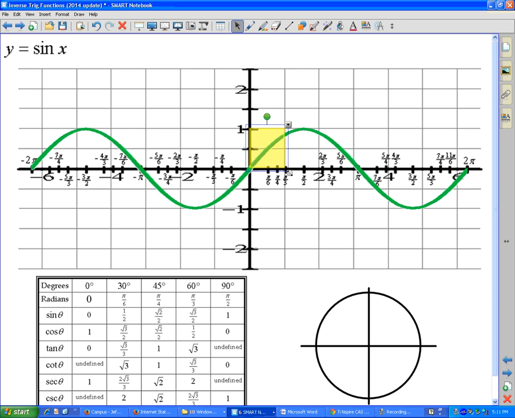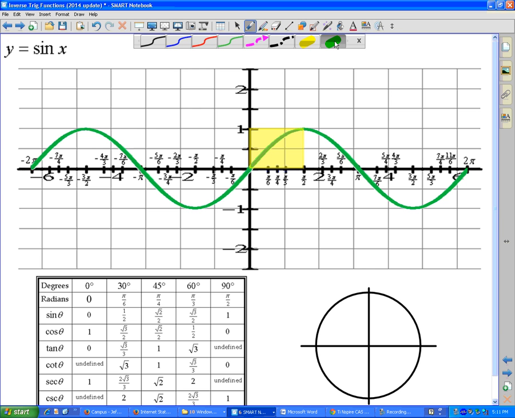So if you just think about going from, say, 0 to pi over 2, what this is going to do for us is generate all of the ratios from 0 to 1. We just got ourselves half of the answers that we need.